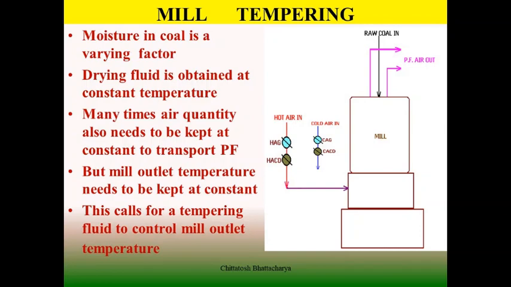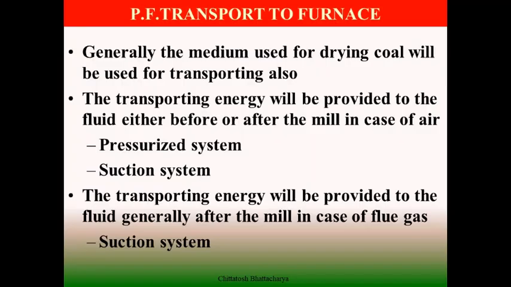Flue gas can be recirculated from the boiler back end if necessary, but at the same time we have to see that the milling system is kept in an air lean and fuel rich condition, otherwise there may be chances of mill fire and explosion.